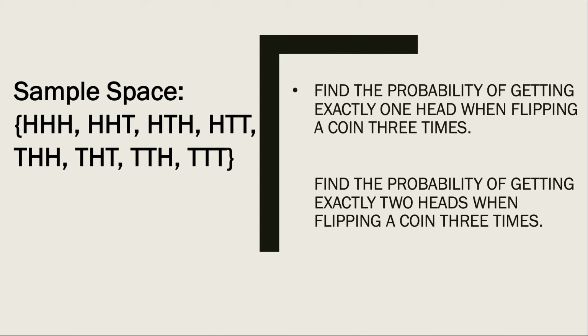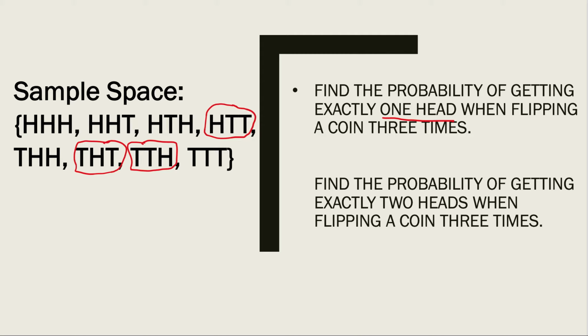times. Okay, so for the number of favorable outcomes, I want to look at the ones that have exactly 1 head. All right, so that is going to be this one. This one has 1 head. This one has 1 head. And that one has 1 head.